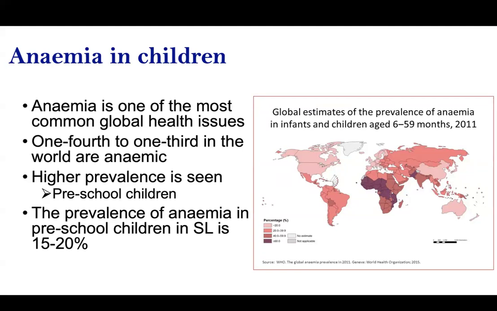In Sri Lanka, the prevalence of anemia in preschool children is approximately 15 to 20%. So that means 1 in 5 of our kids are anemic, which is quite comparable to other developing countries.